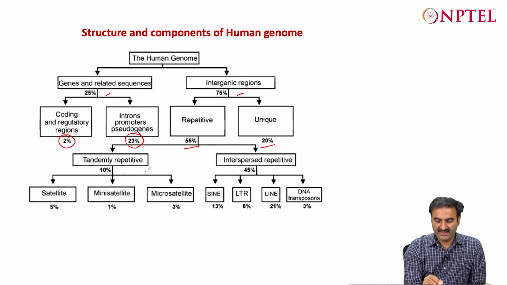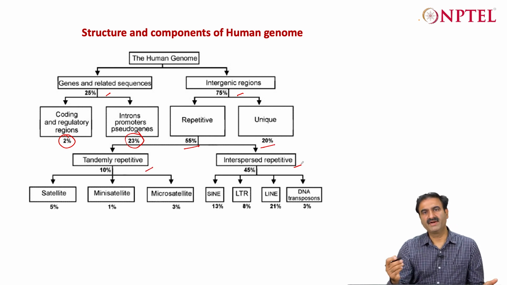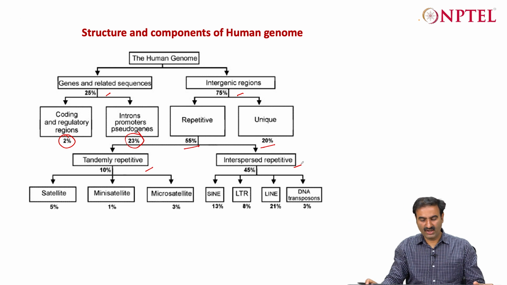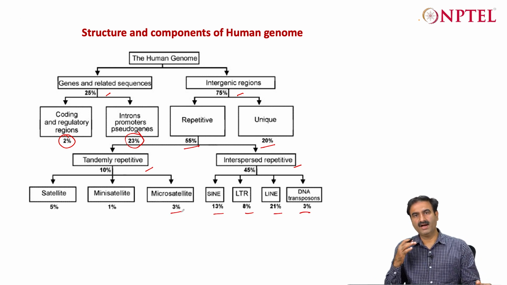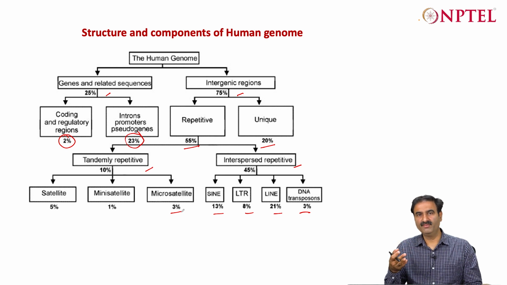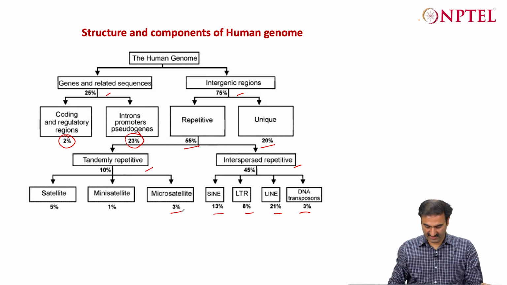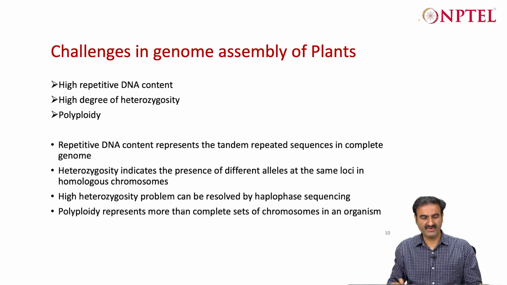And there are tandem and interspersed repeats, like simple and complex repeats. So now we know these percentages, and when you do a new genome you have to report these percentages or this kind of map for that genome. This is one of the important outcomes of any genome sequencing analysis.